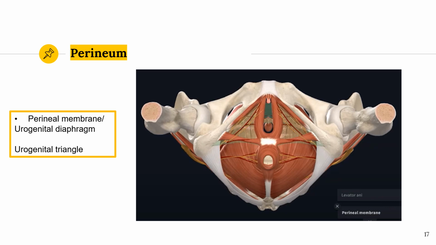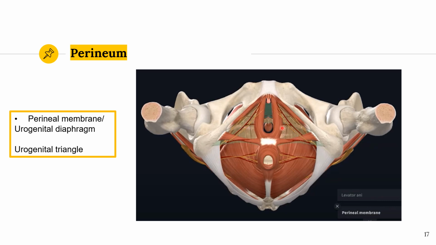Next, let's revise the perineum. Preferably, we view it from inferior. The perineum is divided into superficial and deep components. These two components are separated by a fibrous connective tissue layer called the perineal membrane.